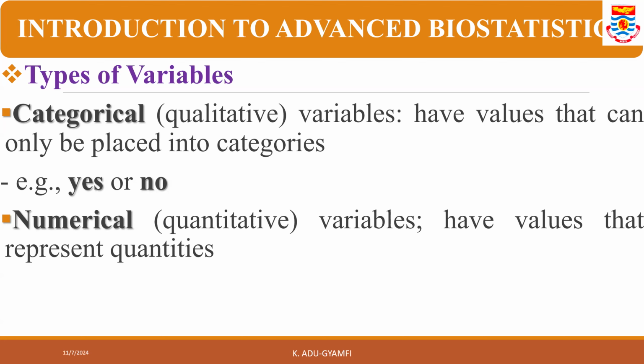Then we have another type called the ordinal variable. And then ordinal variable groups people into two or more separate groups. Example is giving answers like strongly agree and strongly disagree.